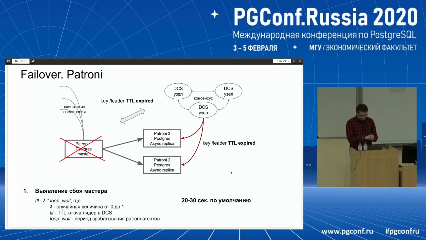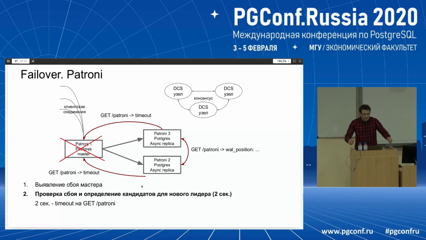So how does failover work in Patroni? The node disappears and the DCS keys disappear. Other agents get a notification, and it takes from 20 to 30 seconds by default, according to the formula. Then Patroni agents start exchanging information among themselves using the REST API endpoint of Patroni, and the timeout for these requests is 2 seconds.